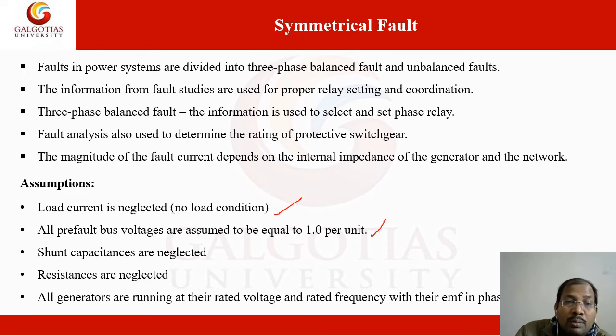We assume there are proper balanced conditions and each bus voltage is equal to 1 per unit. Shunt capacitance is generally neglected. Resistance is also neglected for simple analysis purposes, and all generators are running at their rated voltage and frequency, represented by their rated reactances. These are the certain assumptions.